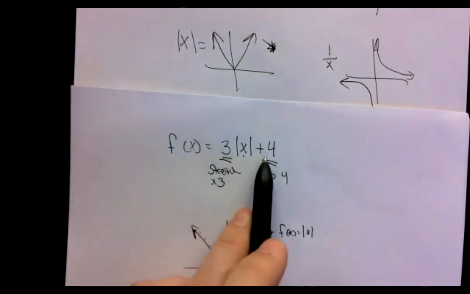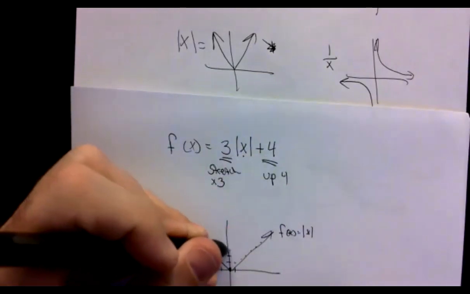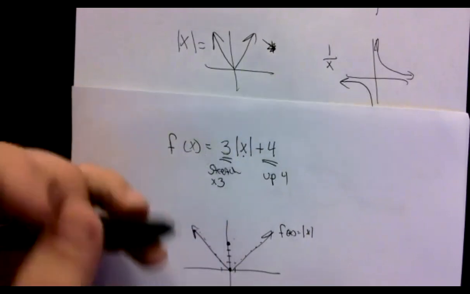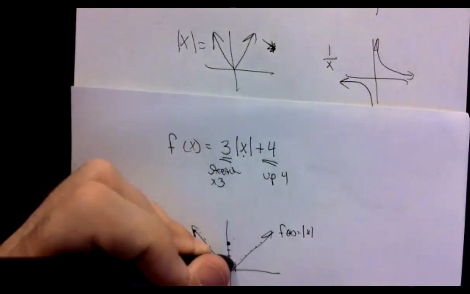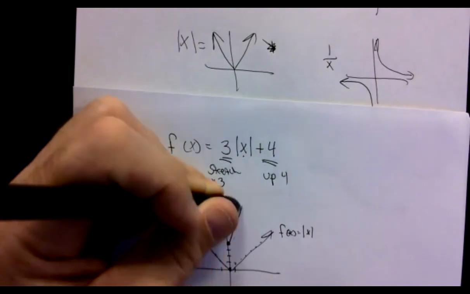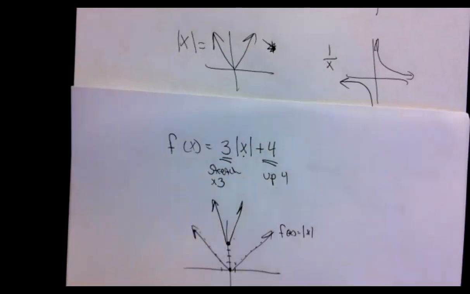And again, this one's going to shift the whole thing. Every single point, it's going to go up 4 units. And then your y values are going to multiply by 3. So that means you're going to take this and triple each of those y values. So you get a much skinnier, more vertical graph.